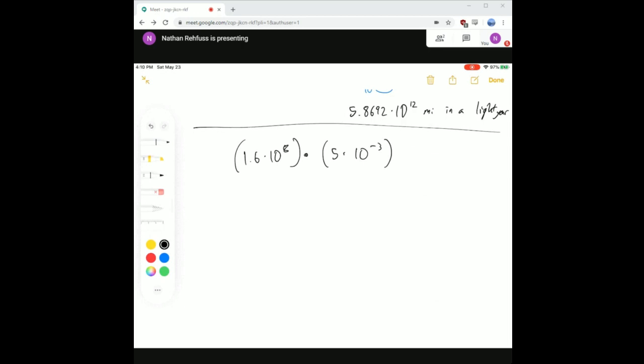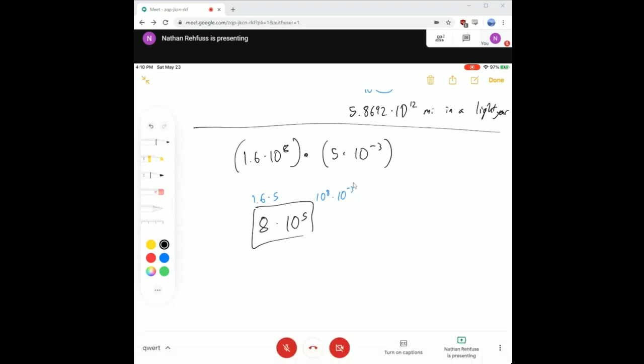Then what I could say is 1.6 times 5 is 8, and 10 to the 8th times 10 to the negative 3rd is 10 to the 5th. So my final answer is 8 times 10 to the 5th. A lot easier than saying, well, this is 160,000,000, and this is 0.005. And now we'll type those into our calculator and pray that our finger doesn't slip. I like this method a lot better.